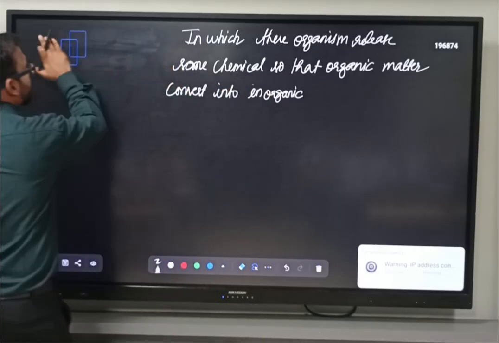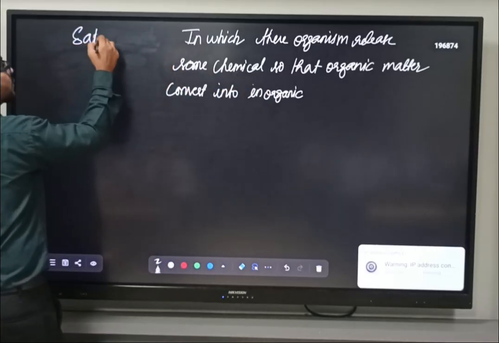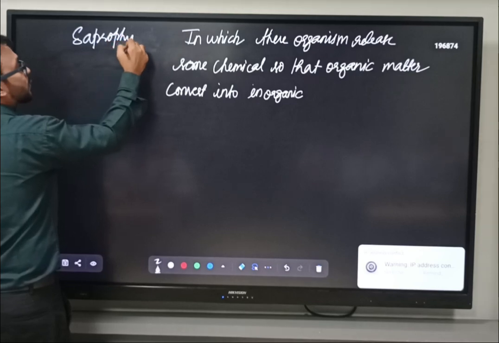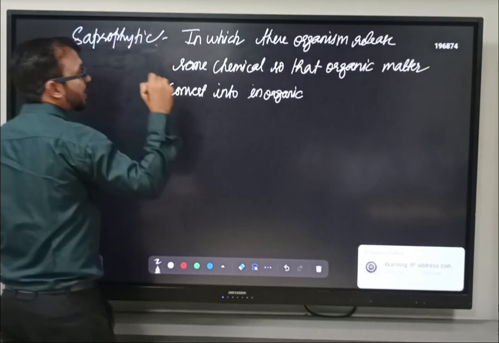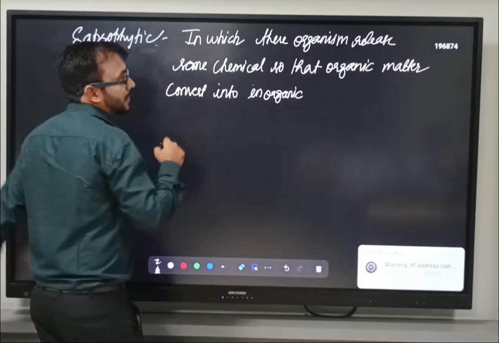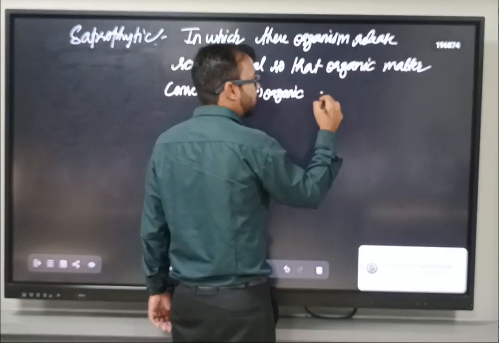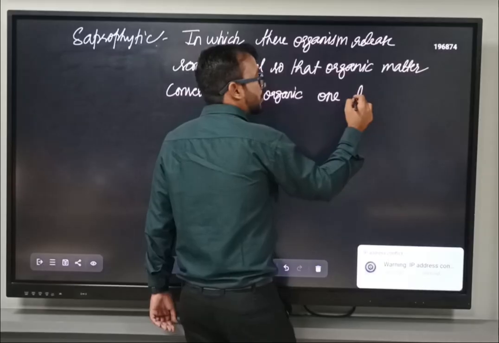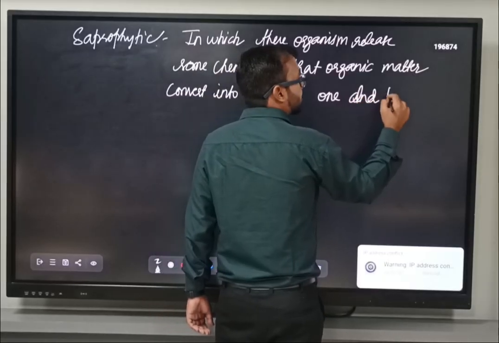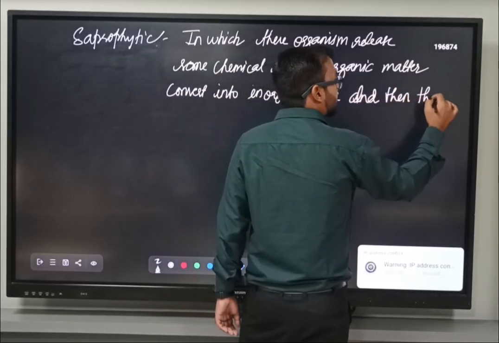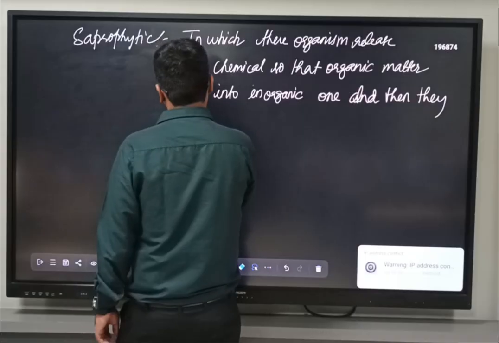Sorry, this is not parasitic, this is saprophytic, in which an organism releases some kind of chemical so that organic matter is converted into inorganic one, and then they just absorb energy.